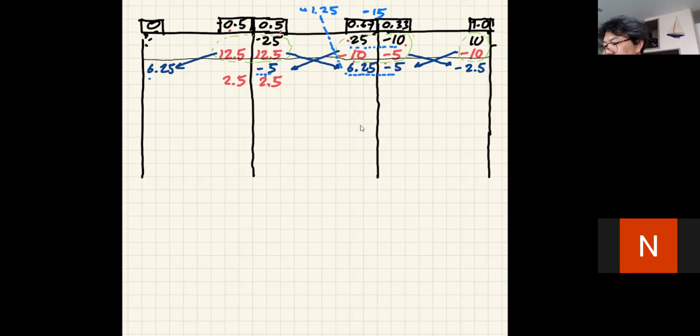And 2/3 of that is going to come from member BC and 1/3 from member CD. So that is minus 0.83, and that is minus 0.42. And again, there's no help at the last joint. So 2.5 is just going to come from member CD alone. That is the end of the second cycle.